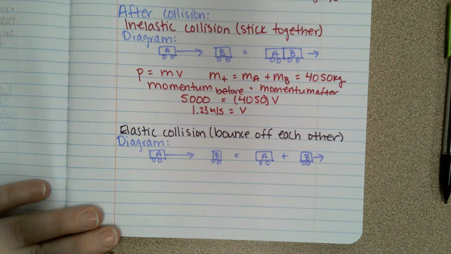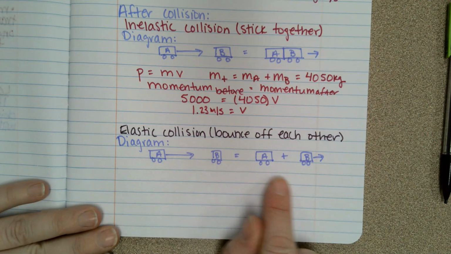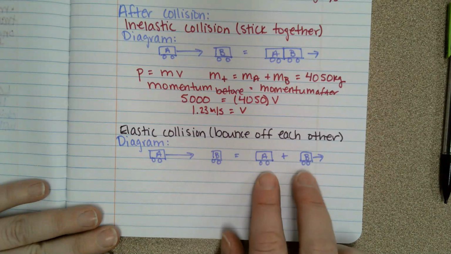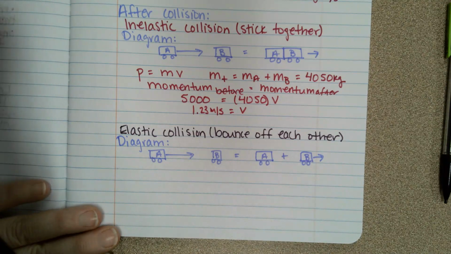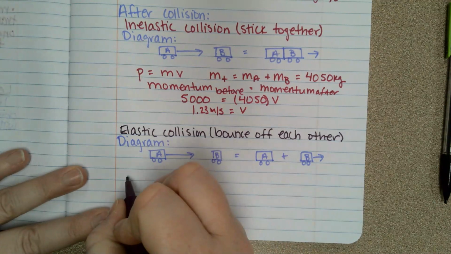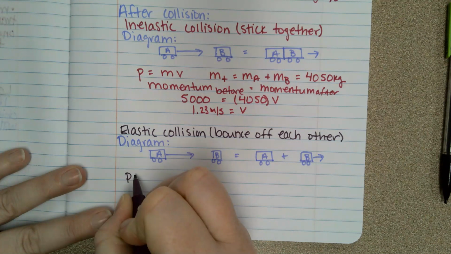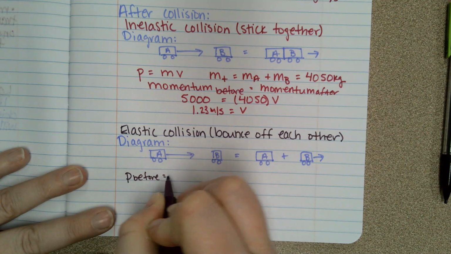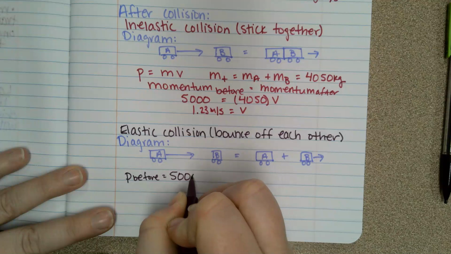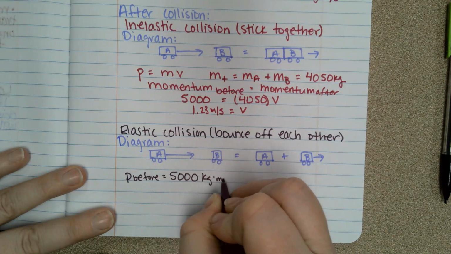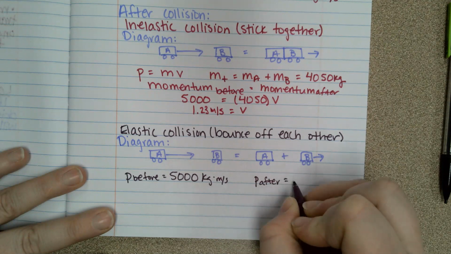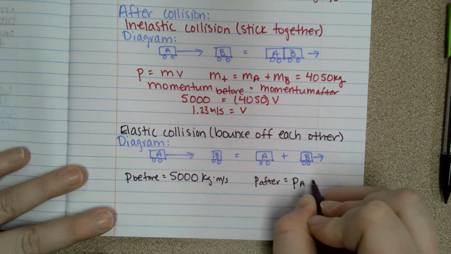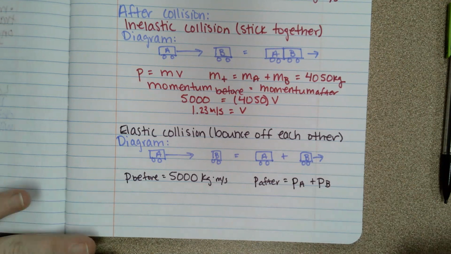This one's a little bit trickier, because we have to remember that our momentum afterwards is equal to the two momentums that we have here. So we would have to add these two momentums together. When I'm looking at my calculations, momentum before is still that 5,000. And then our momentum after is going to be the momentum of A plus the momentum of B after.